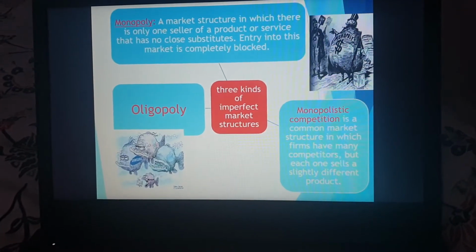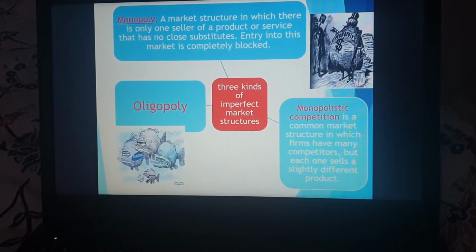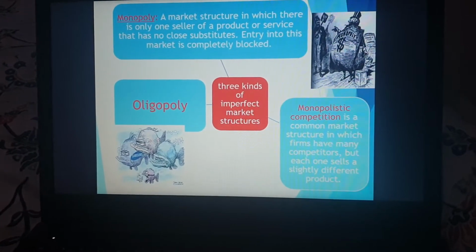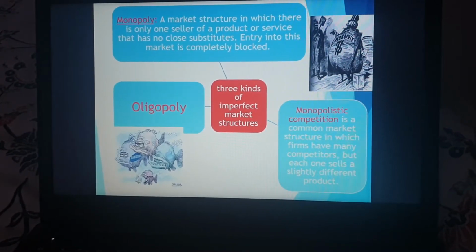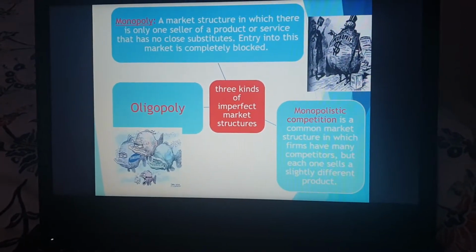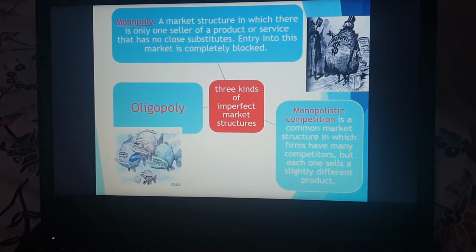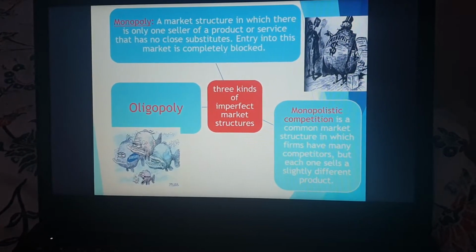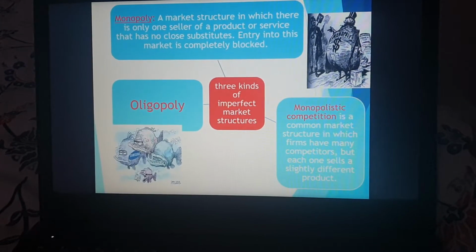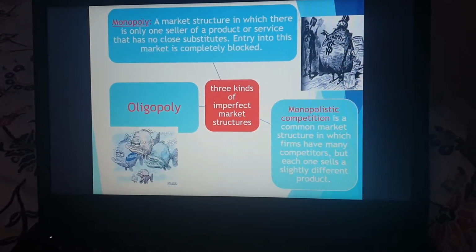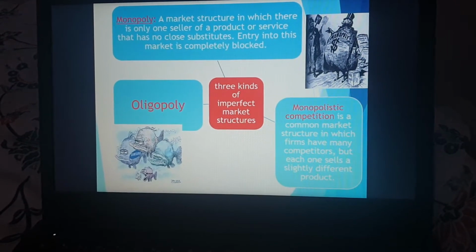And then the last one, monopolistic competition, is a common market structure in which firms have many competitors, but each one sells a slightly different product. Good examples here can be producers of toothpaste, restaurants, takeaway outlets, anything like that. Oligopolies, examples there are our airlines and also cellular network providers.